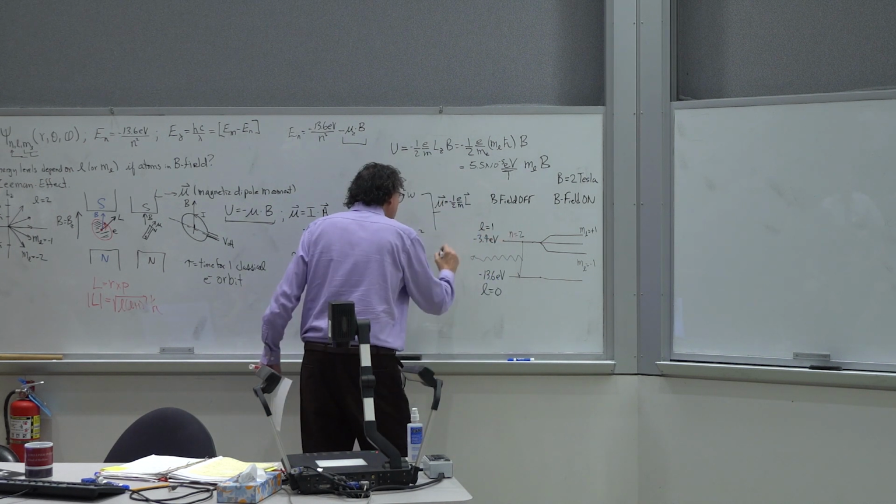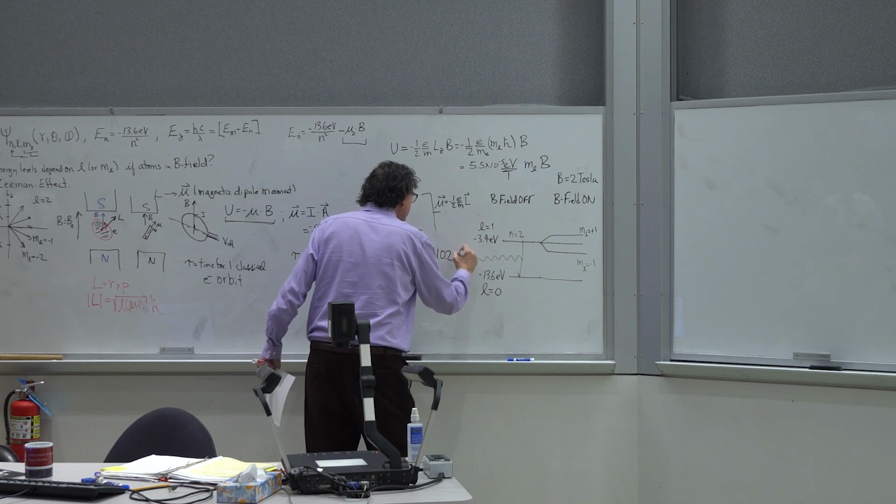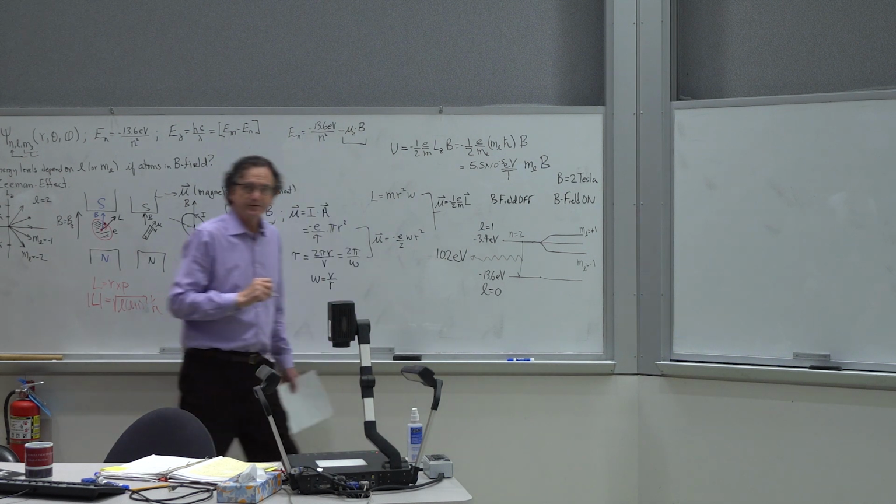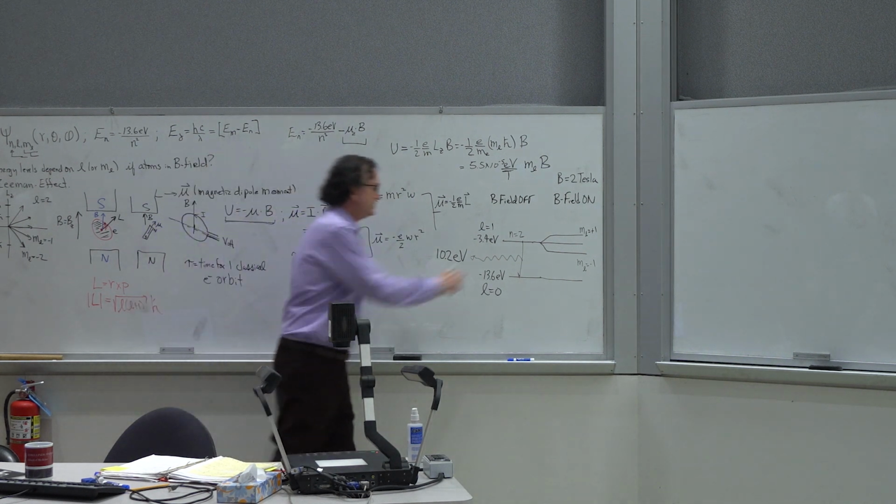And this one, with field off, gives off a photon with an energy equal to 10.2 electron volts. That's the difference in these two energy levels.